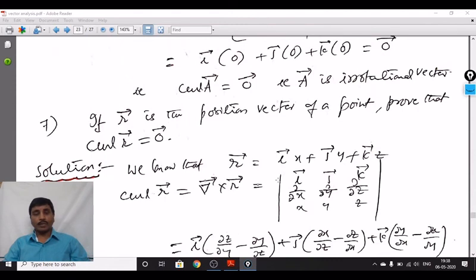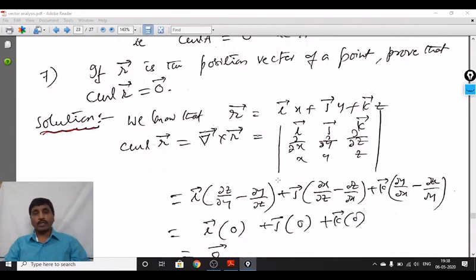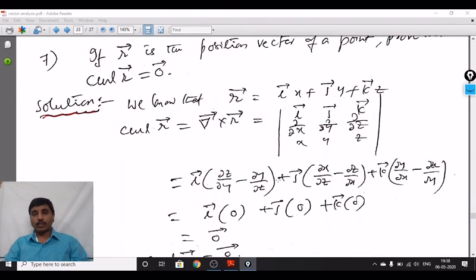Another important problem is, if R bar is the position vector of a point, then curl R bar is equal to 0 bar. This can be shown: R bar is equal to i bar x plus j bar y plus k bar z, then curl R bar is equal to del bar cross R bar is equal to the determinant i bar, j bar, k bar; dou by dou x, dou by dou y, dou by dou z; x, y, z.